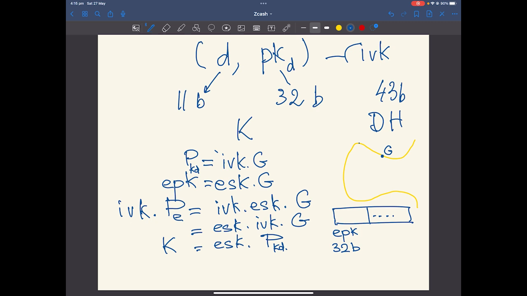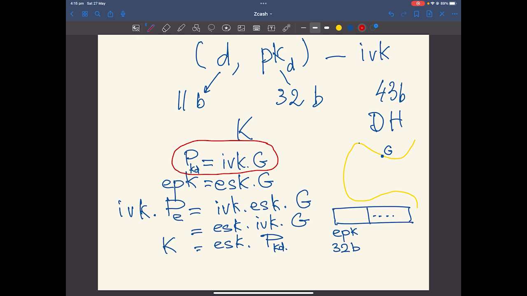But then you may ask, okay, all of this is great, but where is diversification coming from? Is there any diversification? Diversification comes from the fact that as the guy who creates the address, DPKD, I can choose G as I wish, as long as this relationship stands.